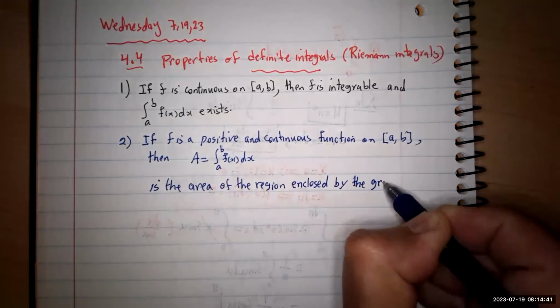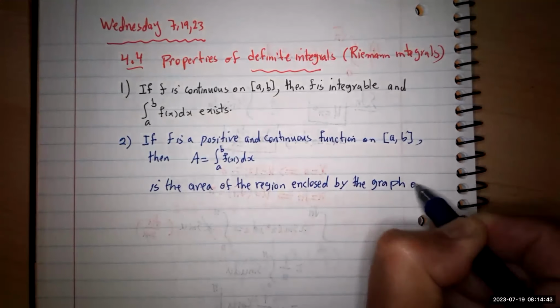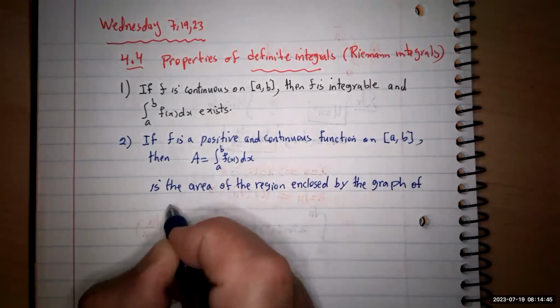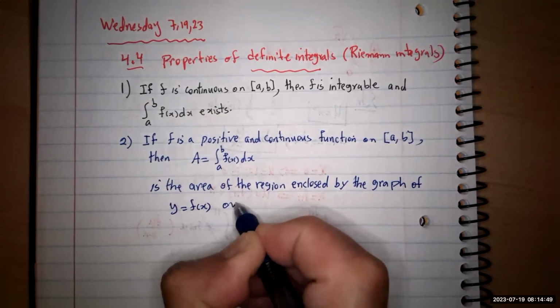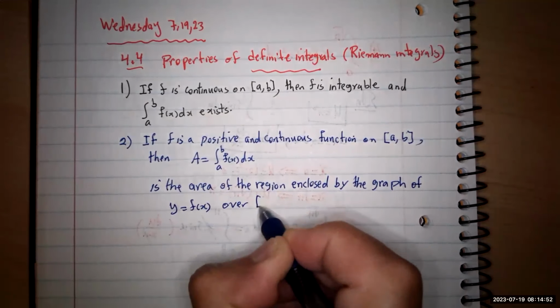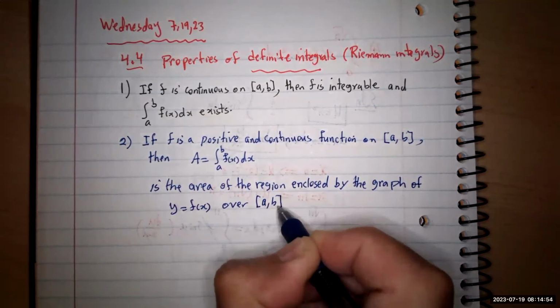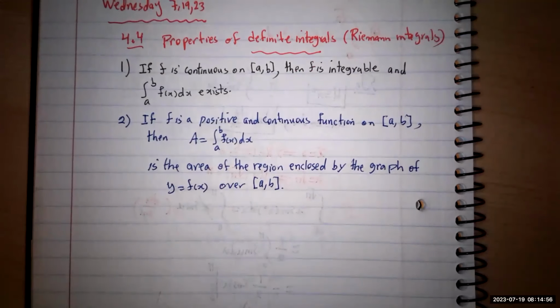Enclosed by the graph of the function y equals f of x over the interval a comma b. This is the one that we did, but we summarize it here.